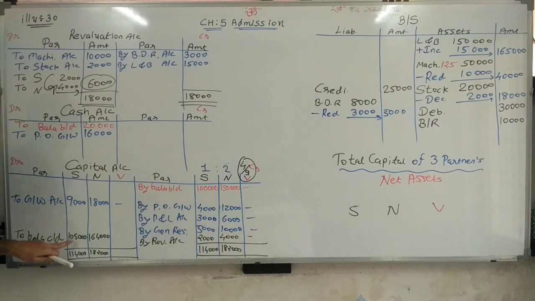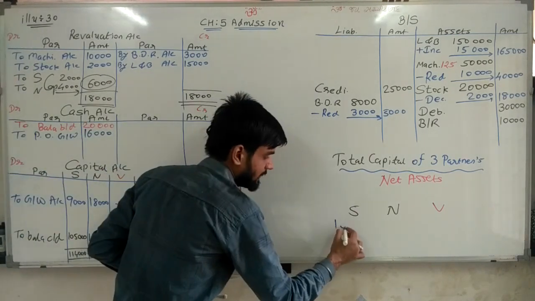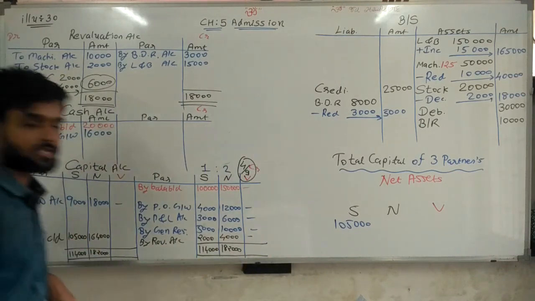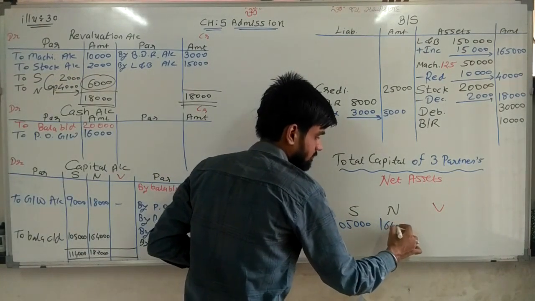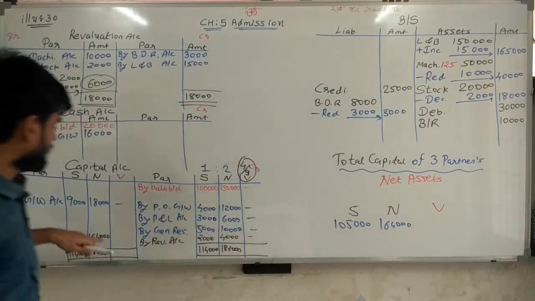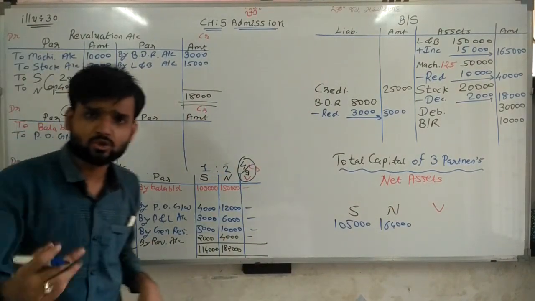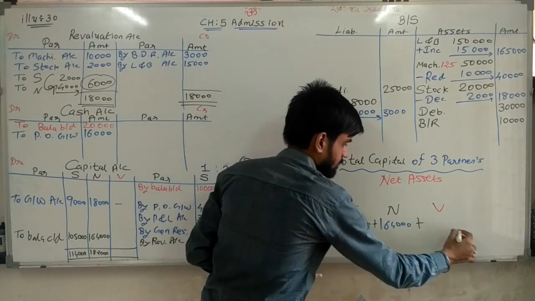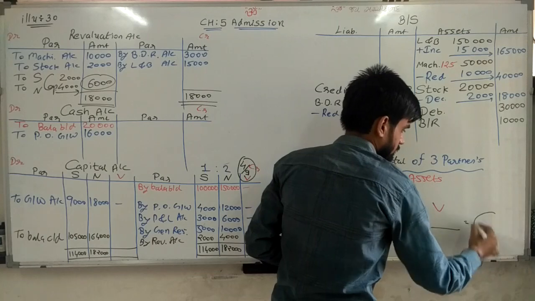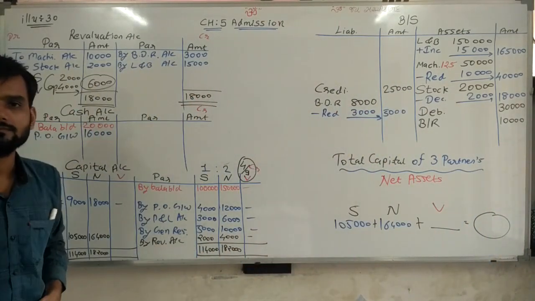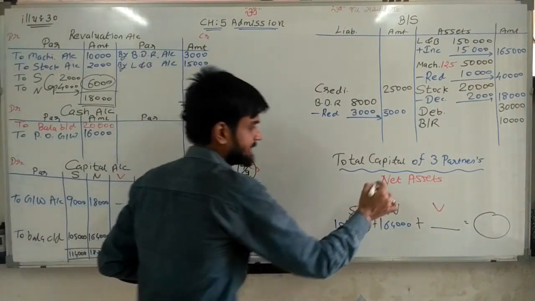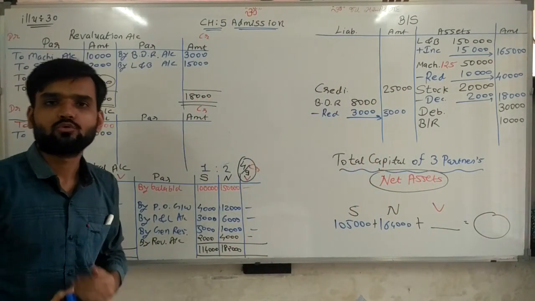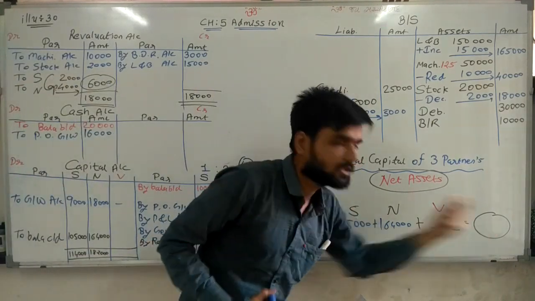See, 105,000, writing here 105,000, and N 164,000. Sir, we don't know V's capital, that we need to find. So I cannot make the total, so I don't know net asset.